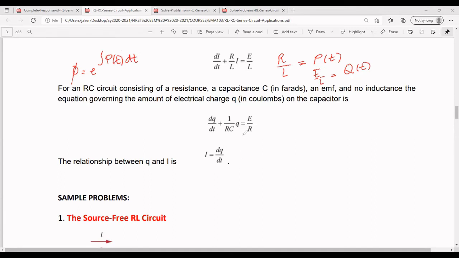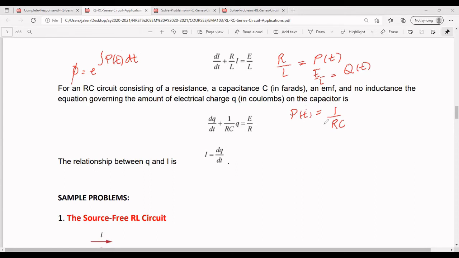Now, if you have an RC circuit, your P of T this time is 1 over RC. So actually, this is all constants: resistance and capacitance. In the other one, this is also a constant, resistance and inductance.